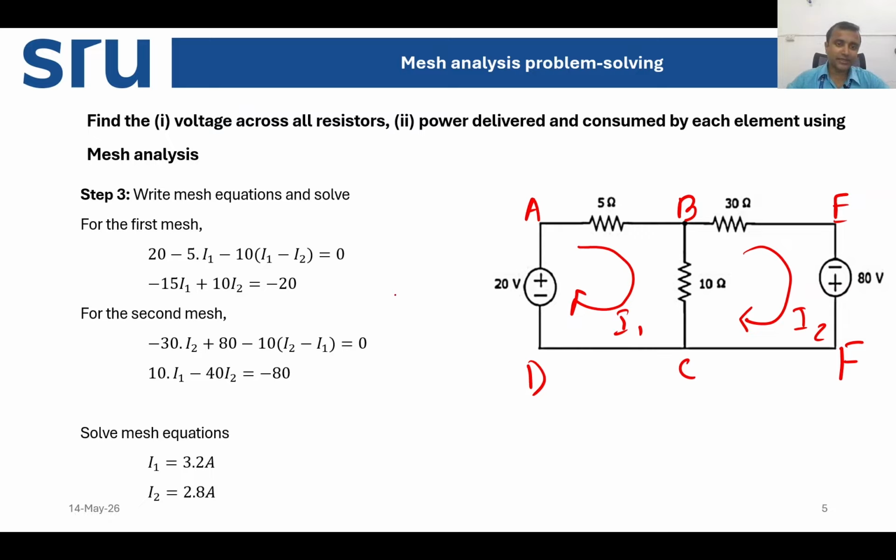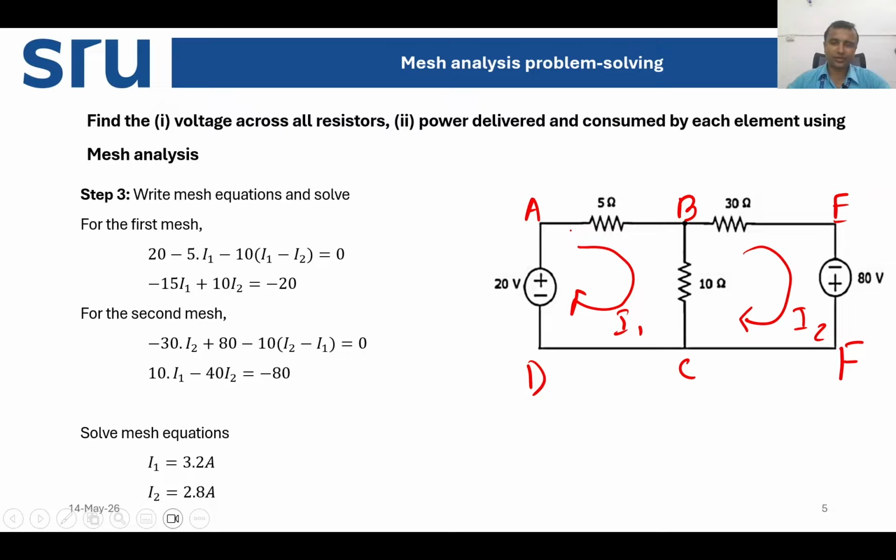Whatever is already in your hand, for the sake of a different convention, you can utilize this KVL in a different way, so that you can get another flavor of it.